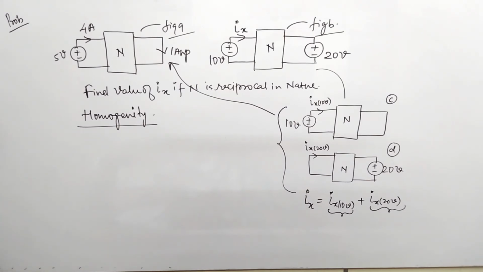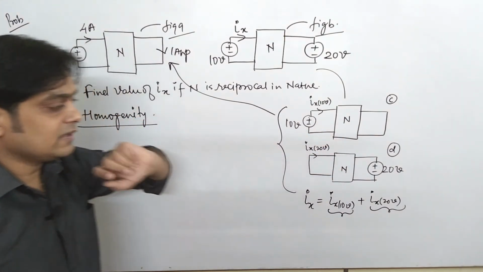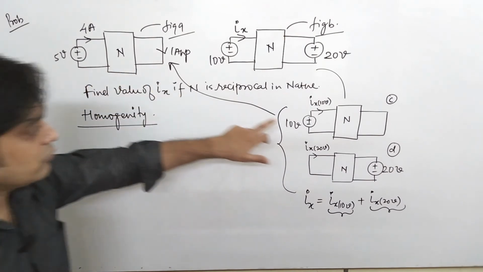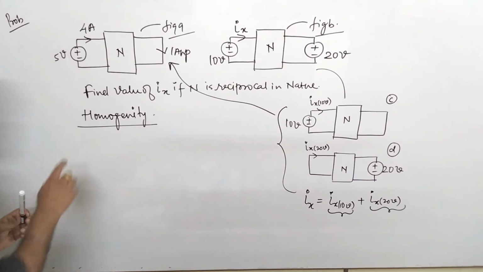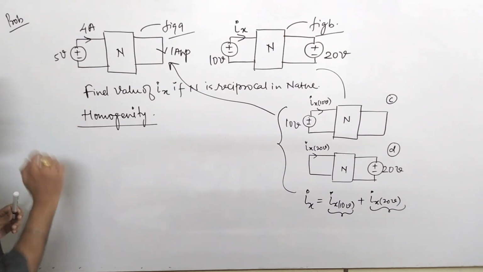Homogeneity states that if the networks are linear, passive and bilateral and following the concept of reciprocity, then if you scale the value of voltage and current in such type of network, their ratio will remain as it is. And this concept is just to understand how we resolve those networks with the basics of homogeneity.